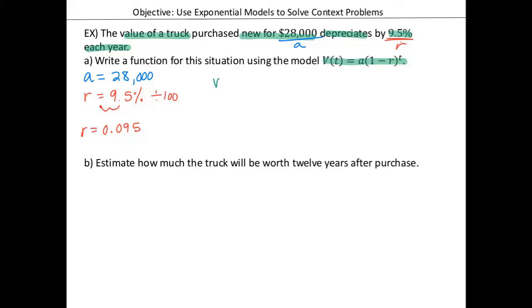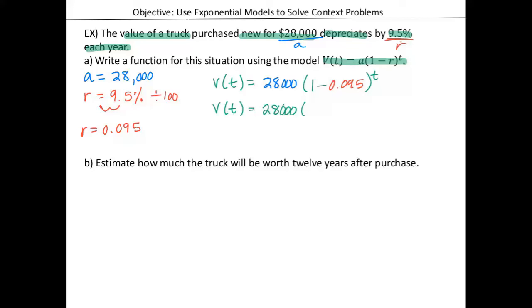So then just plug it in. We have v of t is equal to the a value, which is 28,000, times parenthesis 1 minus r, and r this time is 0.095, raised to the t power. So I have v of t is equal to, simplify the parenthesis part, so 28,000. What's 1 minus 0.095?